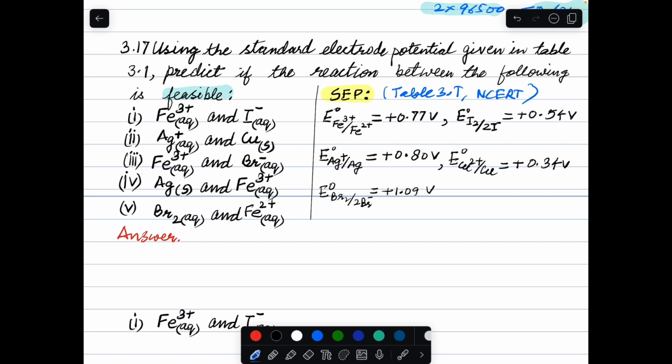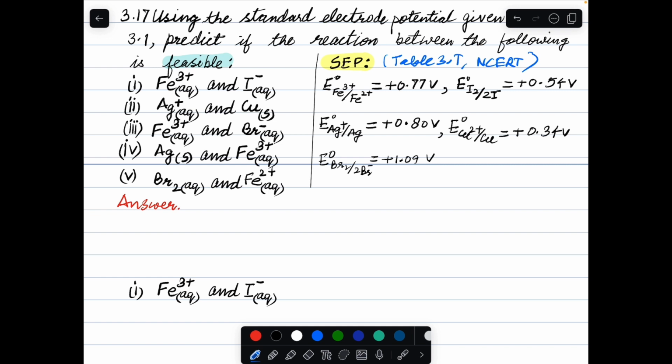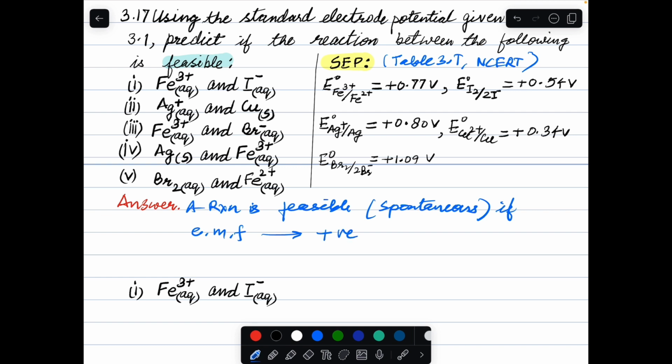Now before calculating, one idea always keep in mind that a reaction is feasible, feasible means spontaneous, if your EMF, that is cell potential, is positive, or your E naught cathode minus E naught anode, that is standard electrode potential of cathode minus standard electrode potential of anode, is giving you a positive value.